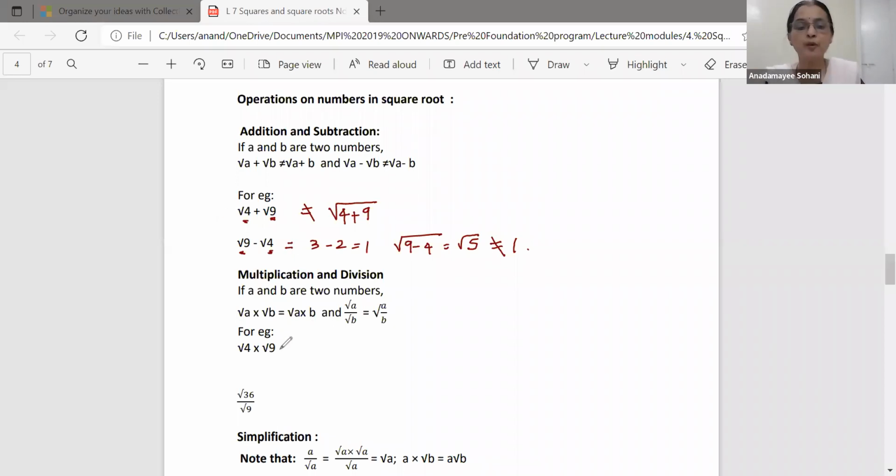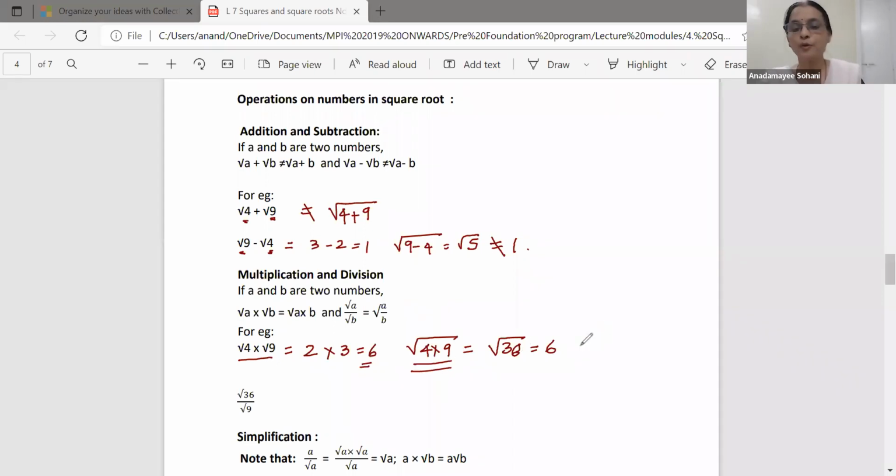But for multiplication and division, it becomes the same. Root 4 is 2 and root 9 is 3. What is 2 into 3? 6. And what is root of 4 into 9? 4 into 9 is 36. What is root of 36? It is also 6. So root 4 into root 9 is equal to root of 4 into 9.